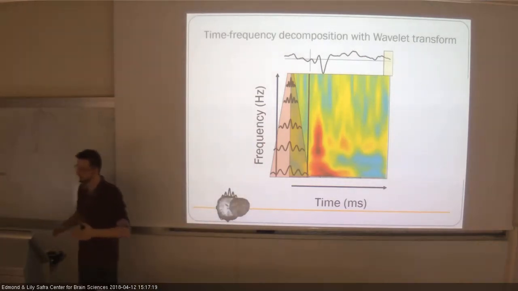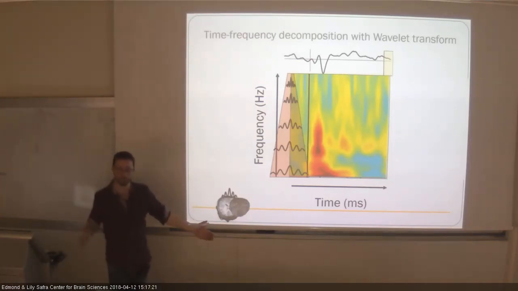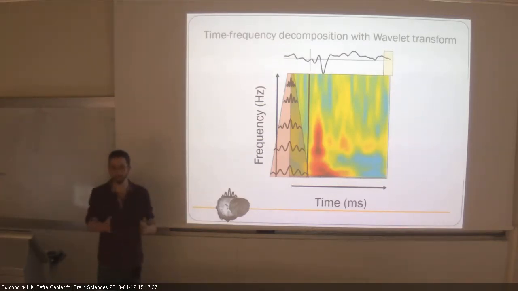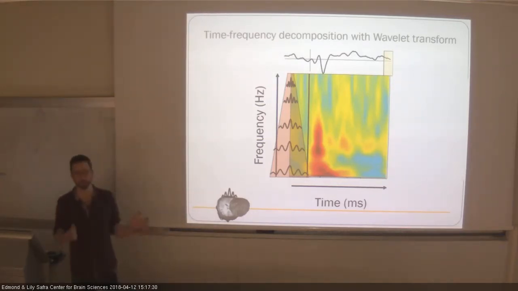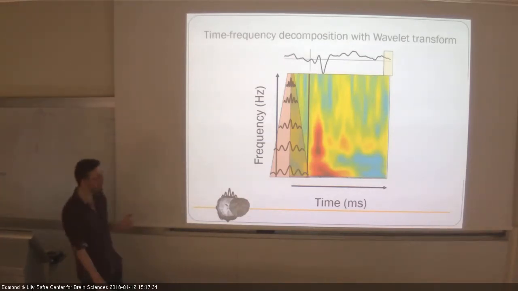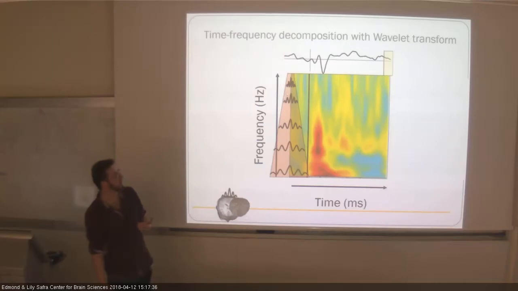If we need a few hundred milliseconds to talk about how alpha power changes, there's no reason to use this very low temporal resolution when we talk about gamma power. So the wavelet transform really allows you to do that by having basically different temporal resolution for different frequencies.